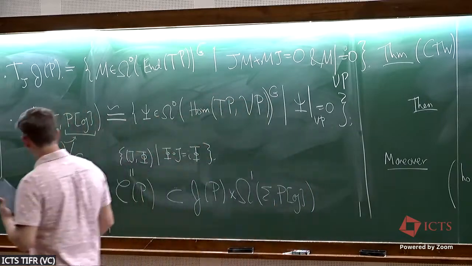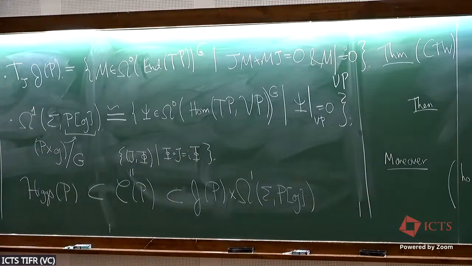Okay, and then what are Higgs bundles? Remember, when I defined Higgs bundles in terms of vector bundles at the beginning, they were pairs: a vector bundle and a 1-0 form valued in endomorphisms of that bundle, plus a compatibility condition.